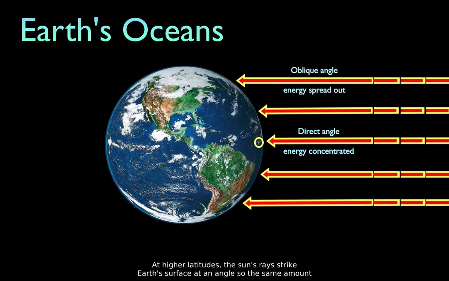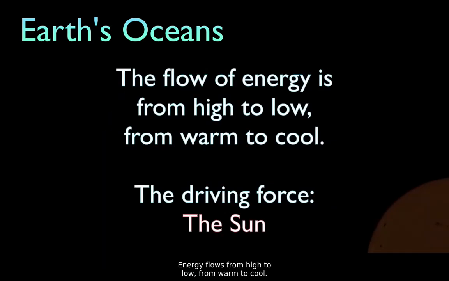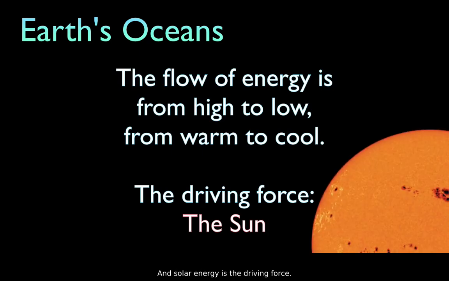At higher latitudes, the sun's rays strike Earth's surface at an angle, so the same amount of solar radiation is spread over a larger area. Solar energy is dispersed, making these regions more cool. Energy flow is from high to low, from warm to cool, and solar energy is the driving force.